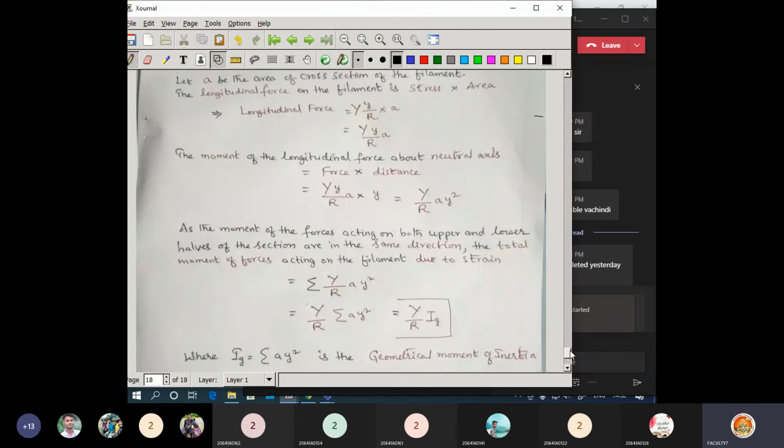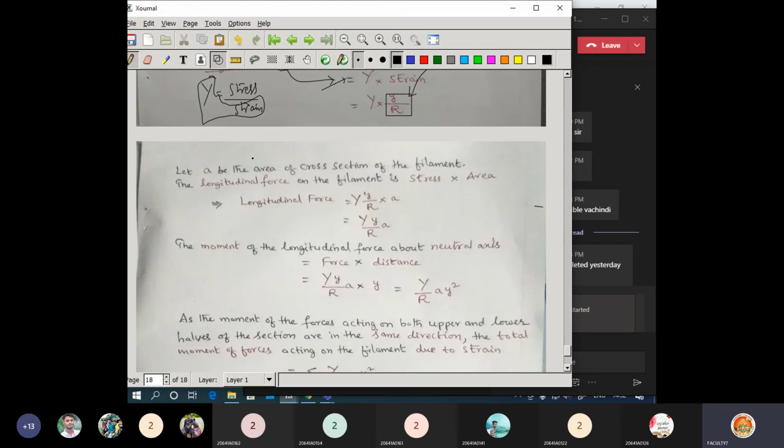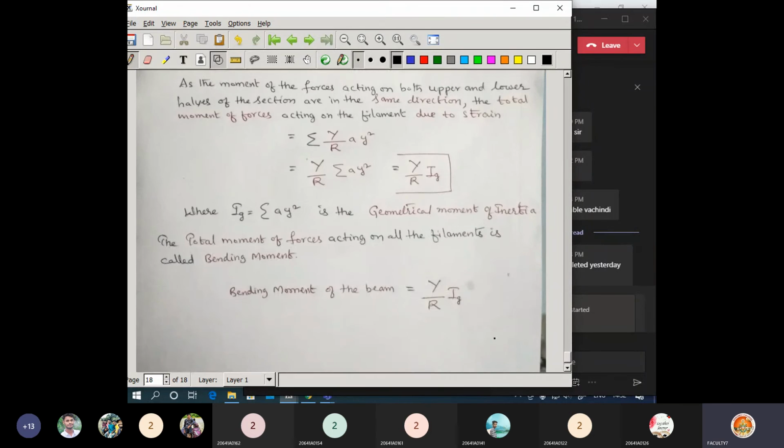Now considering the longitudinal force, the force here, we mentioned it as a force. Now force equals stress into area. That thing you are substituting here, and you will get this expression, and thereafter we got these things. And what was the final expression you got?